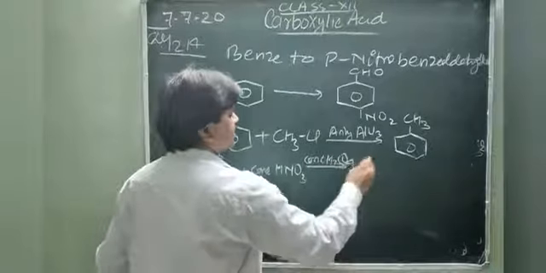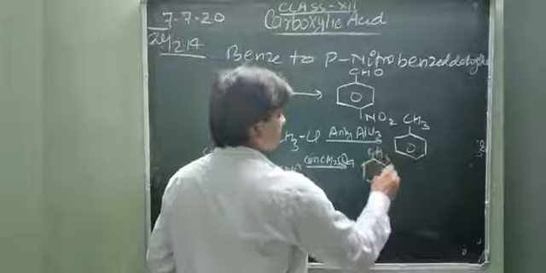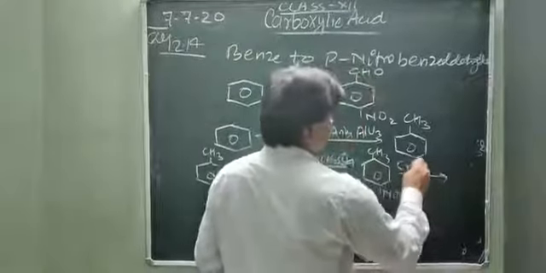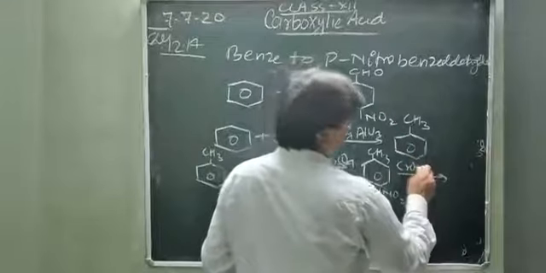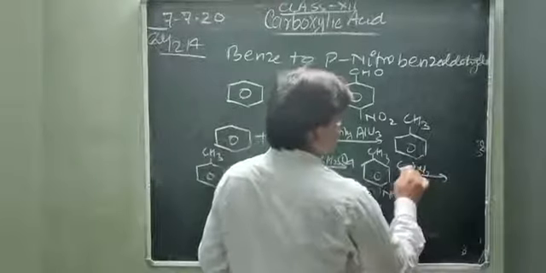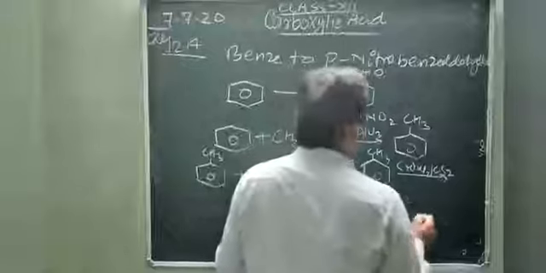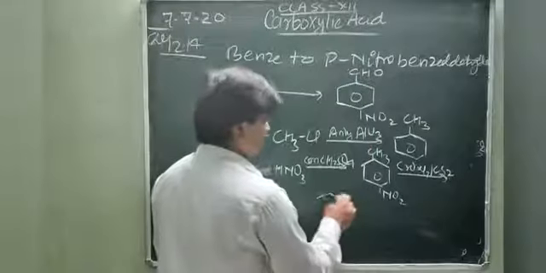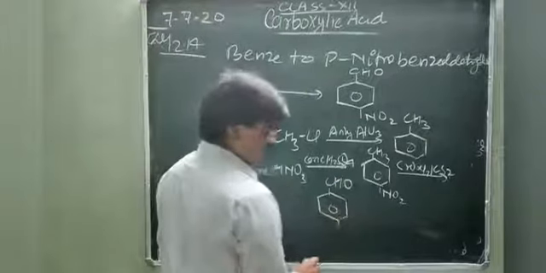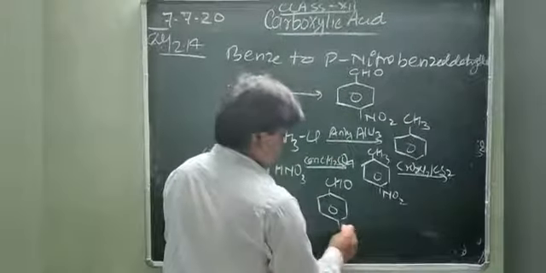This is the formation of para-nitrotoluene, CH3 and NO2, and then chromyl chloride CrO2Cl2 and carbon disulfide, which is a mild oxidizing agent. CH3 group is converted into the CHO group, with NO2.